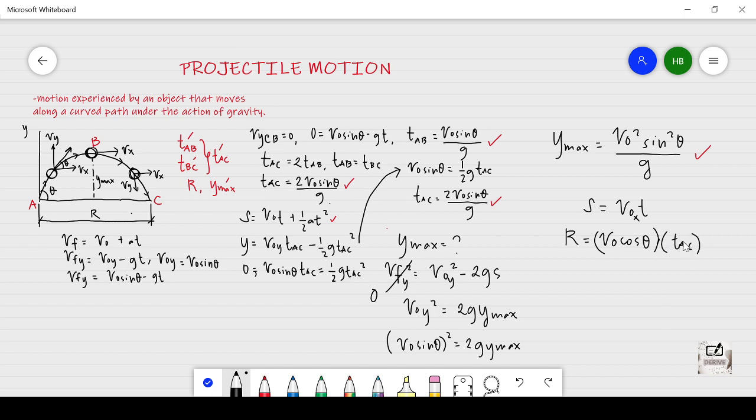Of course guys, if the total time of flight from A to C is already given in the exam, just multiply it by the angle theta and the initial velocity, and you are going to have the R.